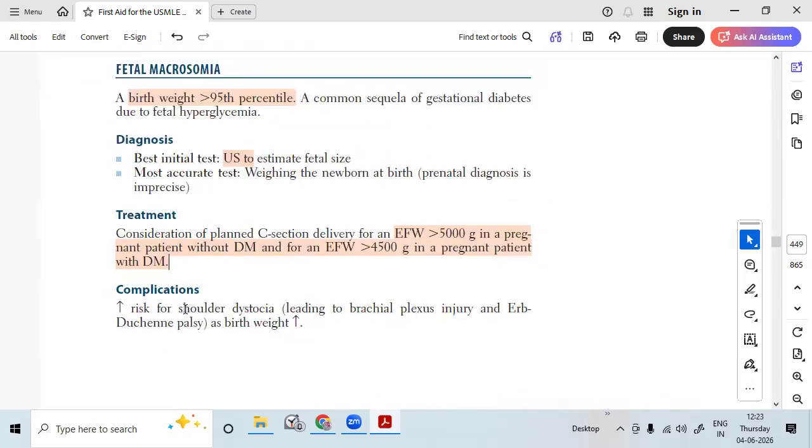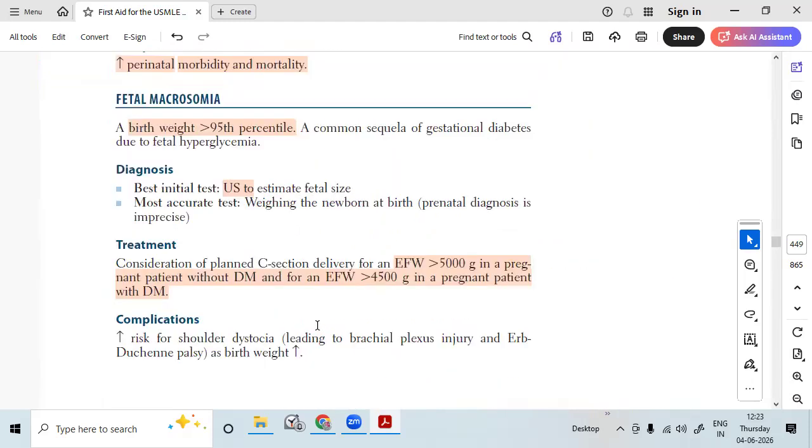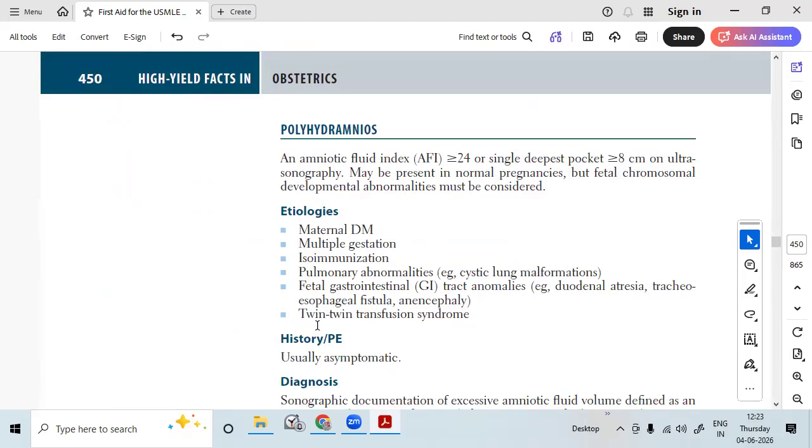Complications increase the risk for shoulder dystocia, leading to brachial plexus injury and Erb-Duchenne palsy at birth. Birth weight increases. Polyhydramnios is indicated by an amniotic fluid index of more than or equal to 24, or a single deepest pocket of more than or equal to 8 centimeters on ultrasonography.